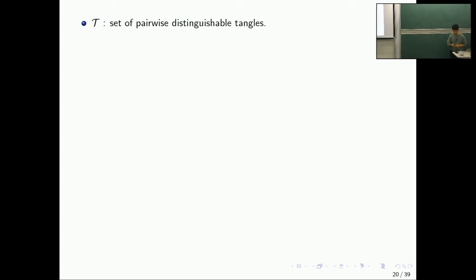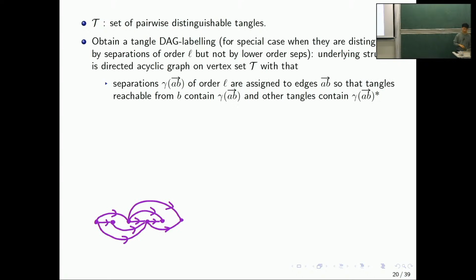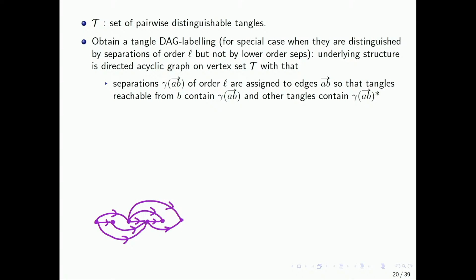So I want to give some proof ideas. Let's assume that the capital T is a set of pairwise distinguishable tangles. So what we first obtain is what we call the DAG-labelling. A DAG is a directed acyclic graph, where you can give a linear ordering of the vertices, with the order going from left to right.